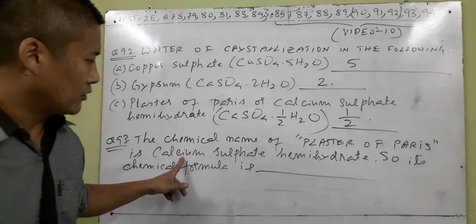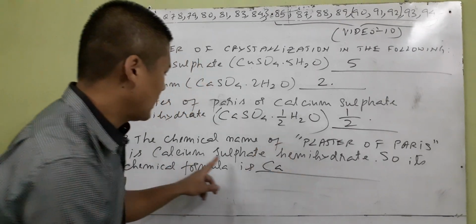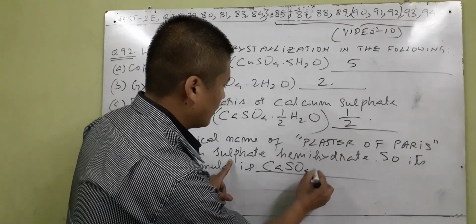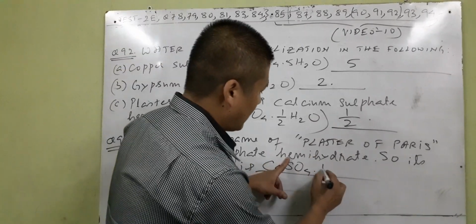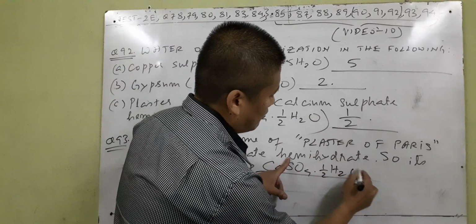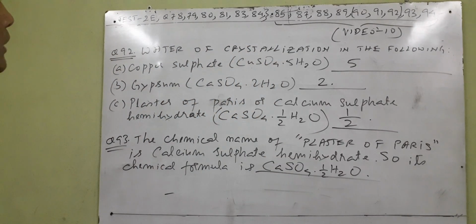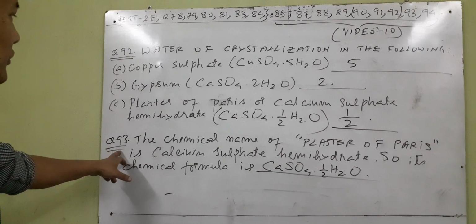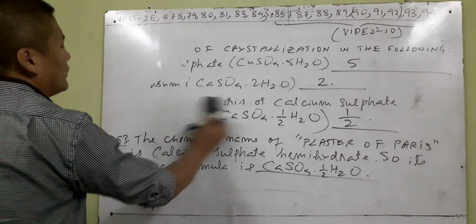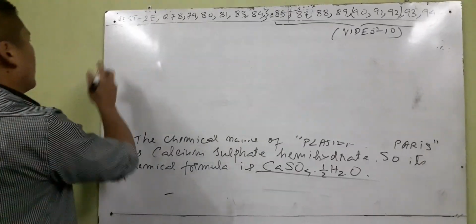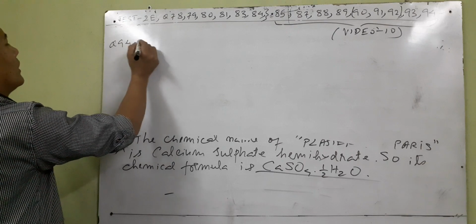Here, calcium, Ca2+, sulfate, SO4 2-, so 2 cancelled, and dot, then hemi means half, hydrate means water. Write with your pencil. Okay, so that is the second last question. One more question, that is 94. Okay, so this is 93, and we'll end up with this.